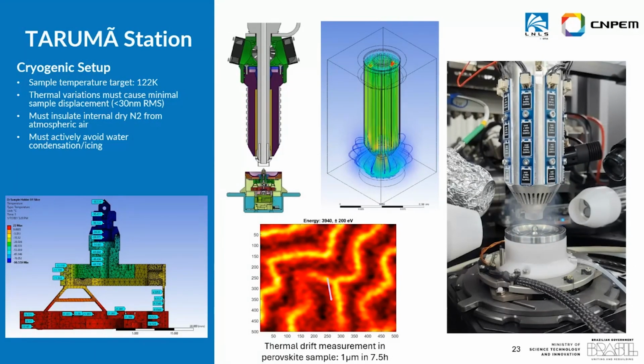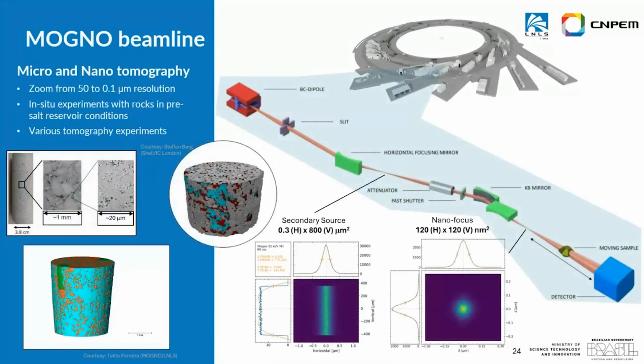So we have to blow the sample with cold nitrogen and then pull all the air back to prevent the rest of the station from being exposed to low temperature. So it's an example of competing needs that we addressed, and everything works fine.